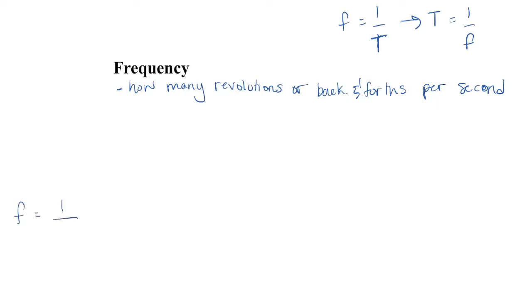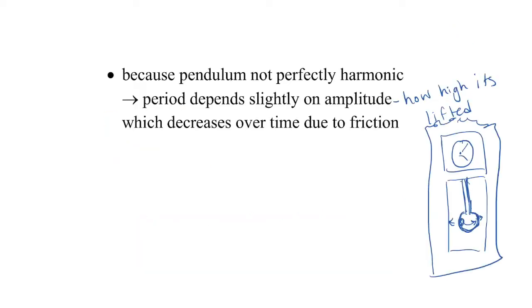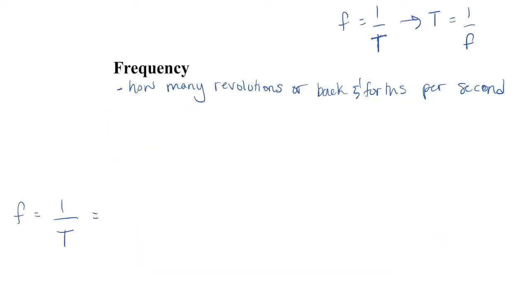Because I know frequency is equal to 1 divided by T. But again, what do I know T is in this situation? It's 2 pi times the square root of L over G. So that's 1 divided by 2 pi times the square root of L over G.